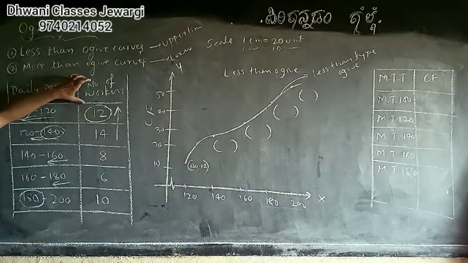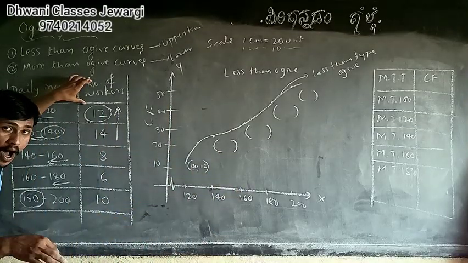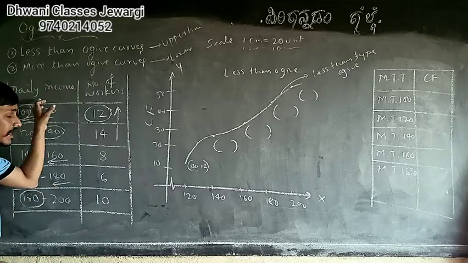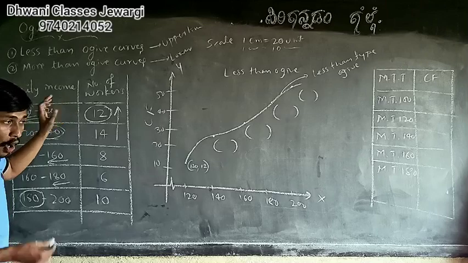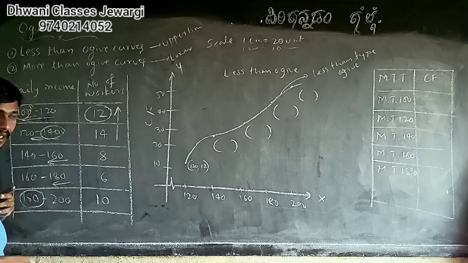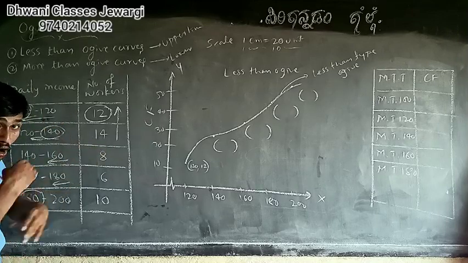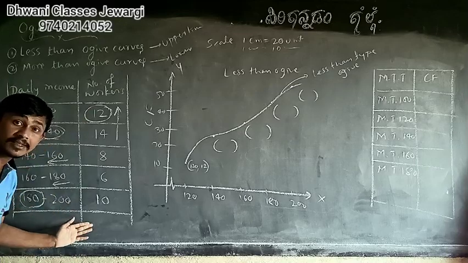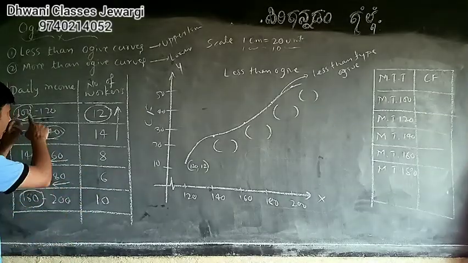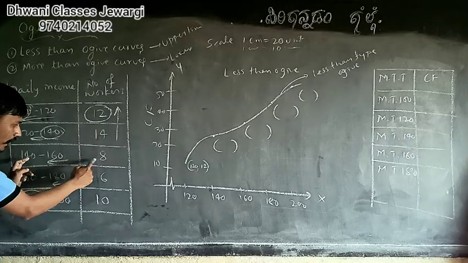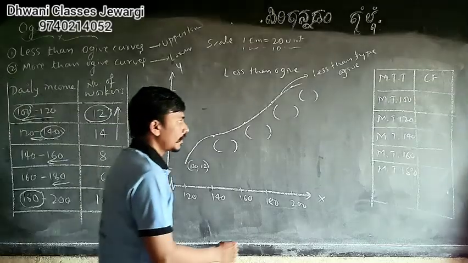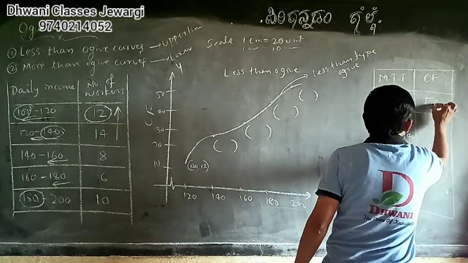How many workers are there who are taking more than 100 rupees as their daily income? We need to add all these things. Adding all of them, we get 50. More than 100 is 50.